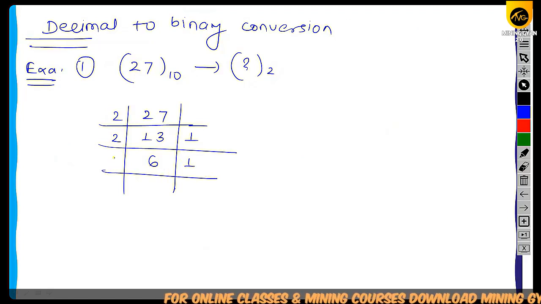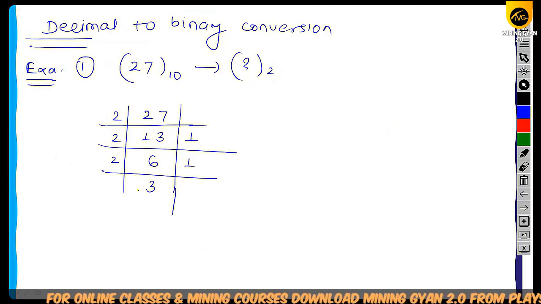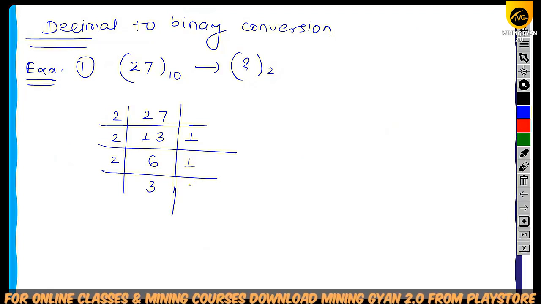Now the next step: 2 threes are 6. Now there is no remainder, so the remainder will be 0. Similarly, again divide by 2, so 2 ones are 2, there is a remainder of 1.